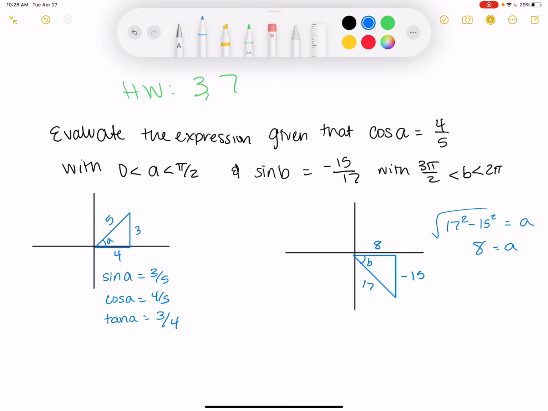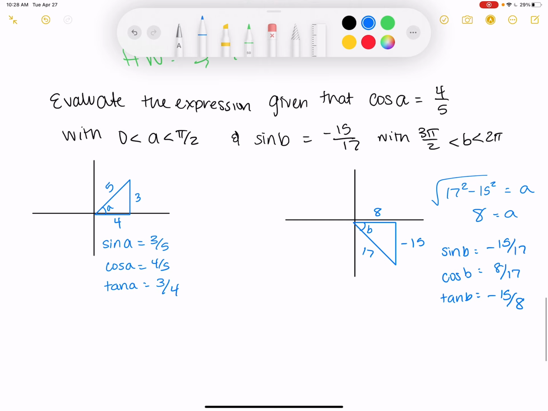All right, so now we have this. I'm going to go ahead and list out my different values, oh, this is actually B now. So my sine of B was given to me as negative 15 over 17. Cosine of B is 8 over 17. And tangent of B is negative 15 over 8.